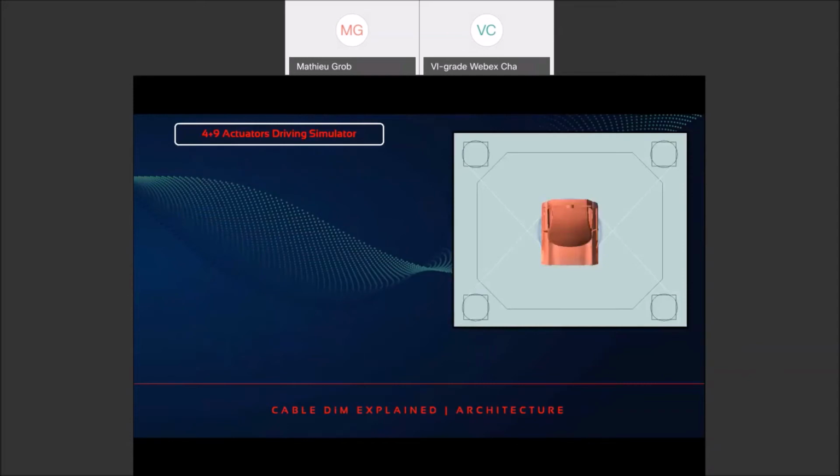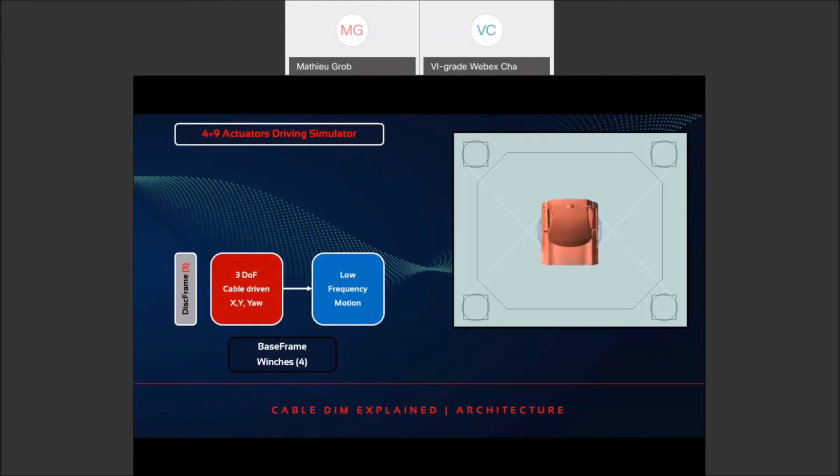So if we just have a look at the system itself, previously you saw that we had a lower platform with 3 big actuators and an upper platform that is a hexapod with 6 actuators. Here we have a 4 + 9 actuators driving simulator. So we have, of course, the base frame.